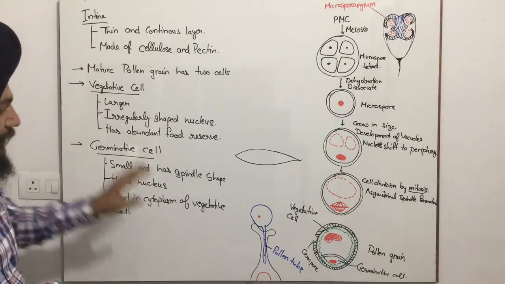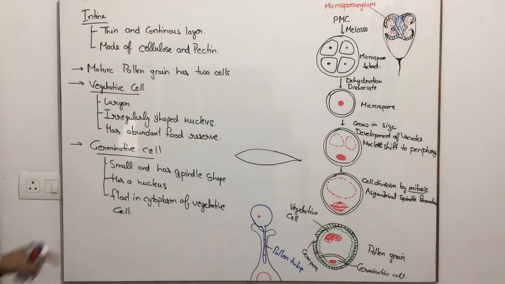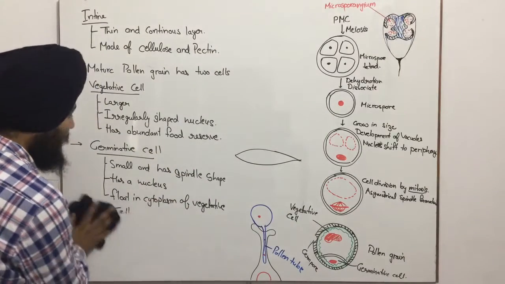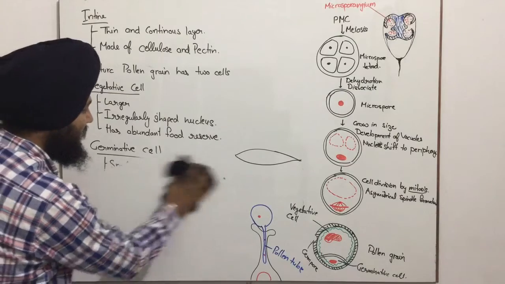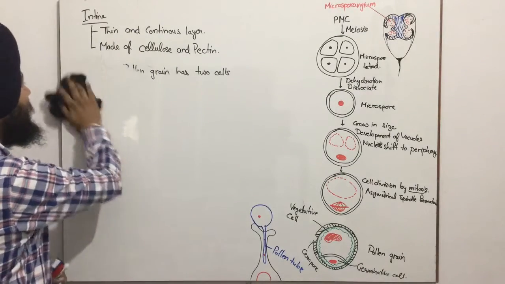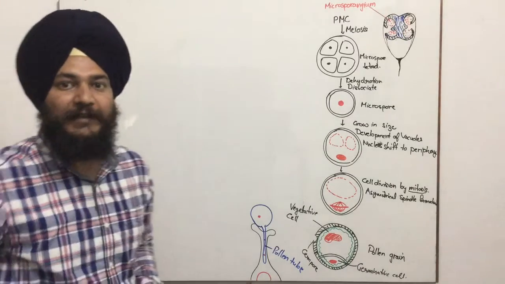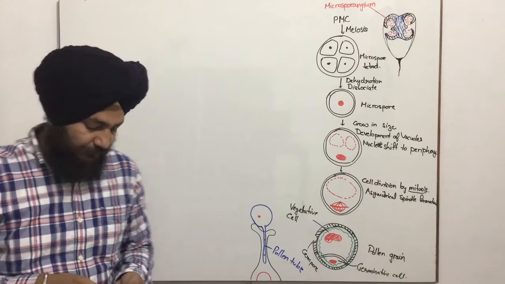So again, we have the two cells. Okay, so we have two cells in a pollen grain, but it is not always the case. A pollen grain does not always have two cells. Okay, there are certain conditions in which a pollen grain has three cells.